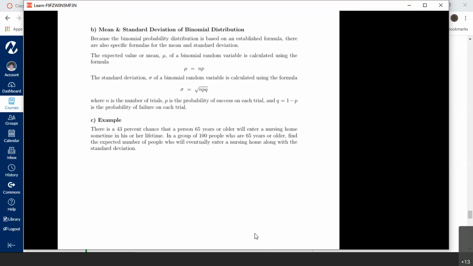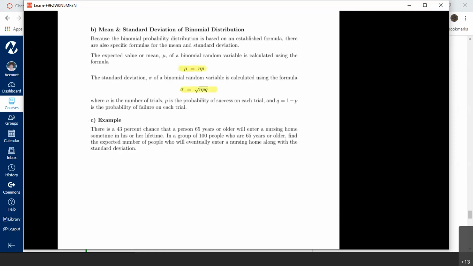The standard deviation, not so much. So there's a formula for it. And again, it's the square root of your number of trials times your probability of success times your probability of failure. Okay? So again, these are kind of neat formulas to have for binomials.